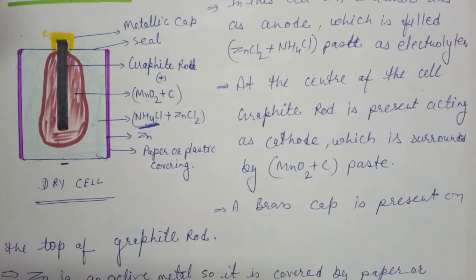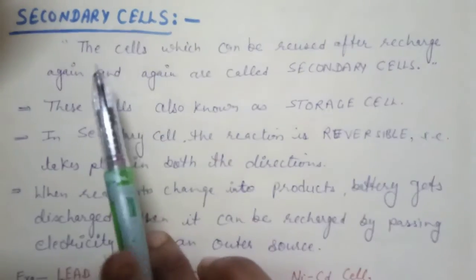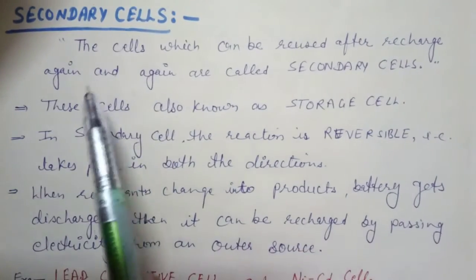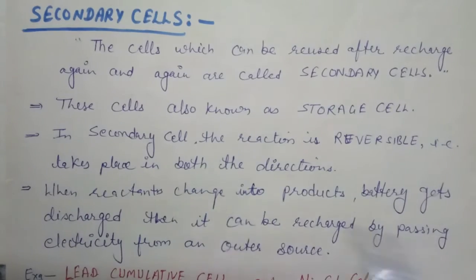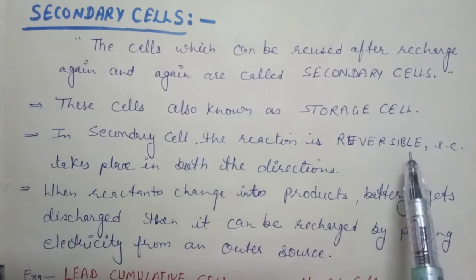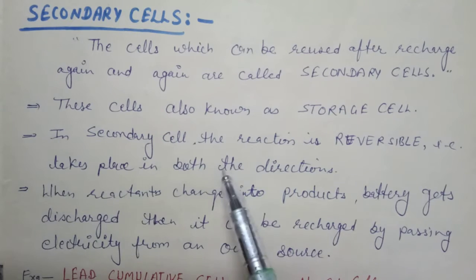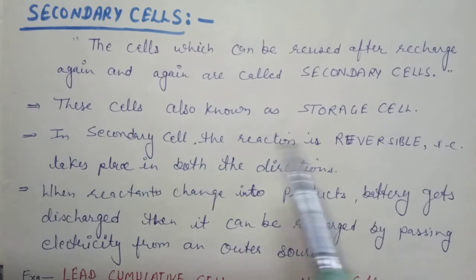Now we will see the secondary cells. I have told you that the cells which can be reused after recharge again and again are called secondary cells. These cells are also known as the storage cells. In secondary cells the reaction is reversible, that is, it takes place in both directions.